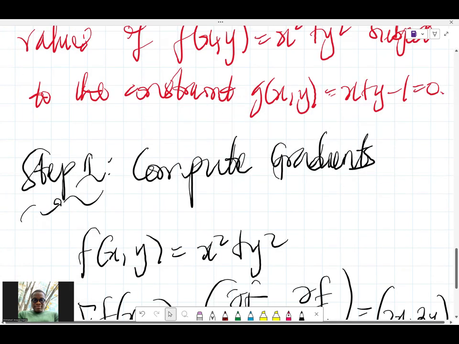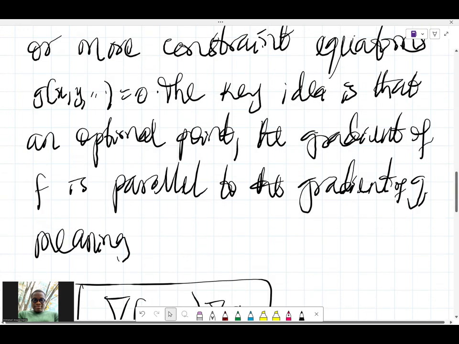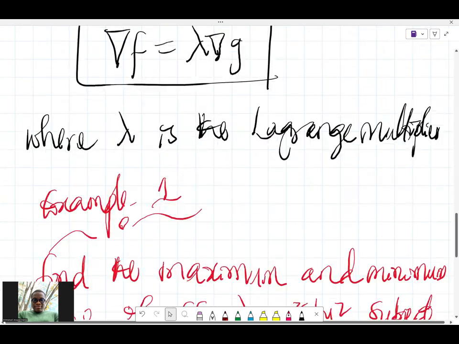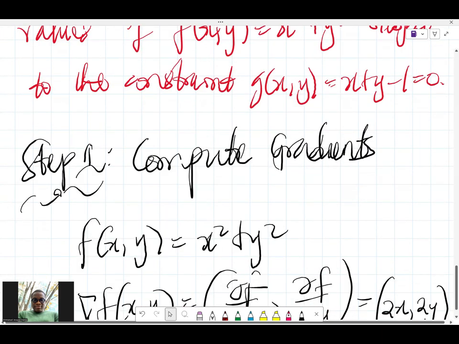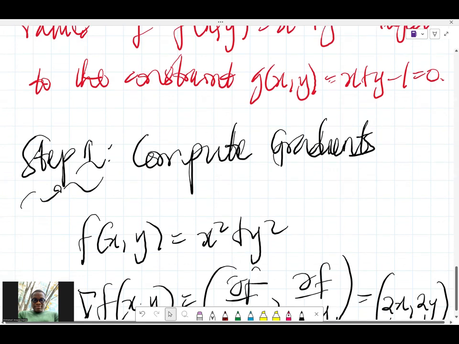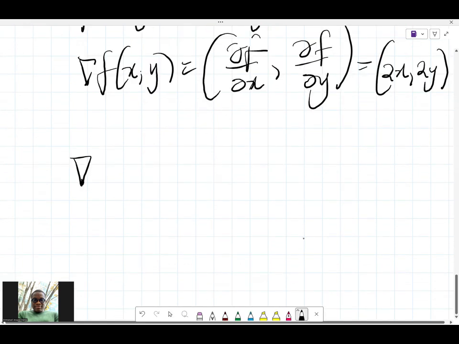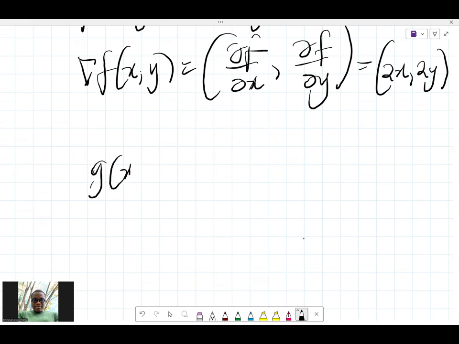You also need g. g of x comma y is x plus y minus 1 equals 0.